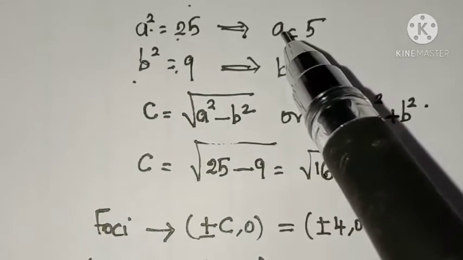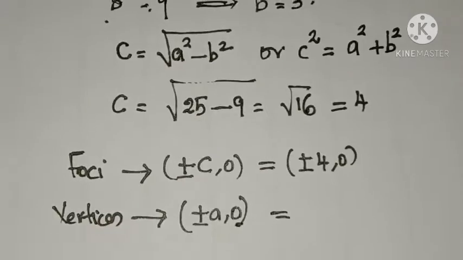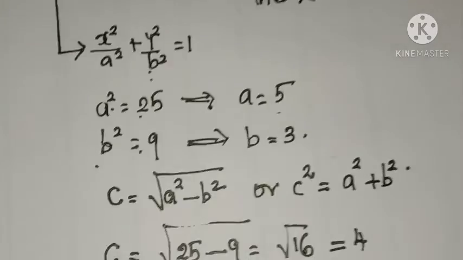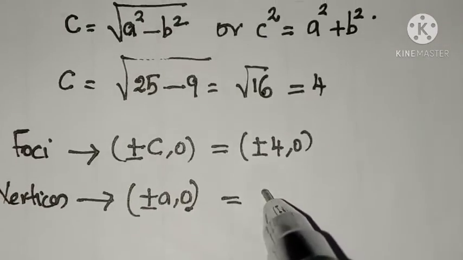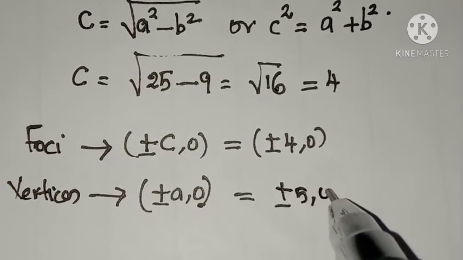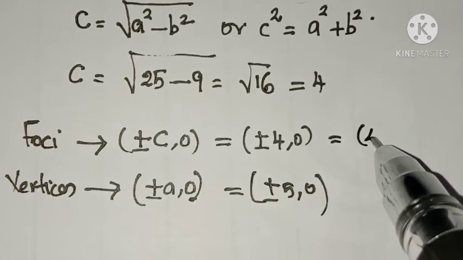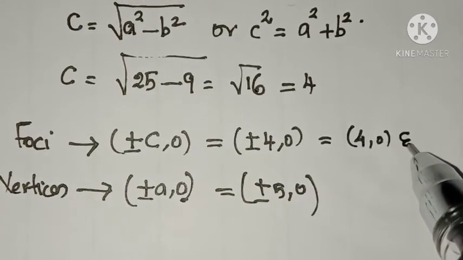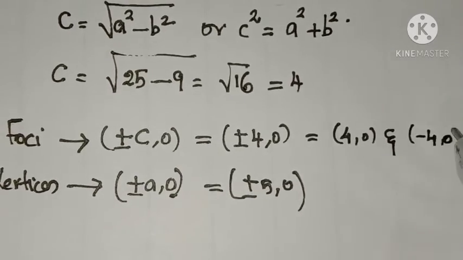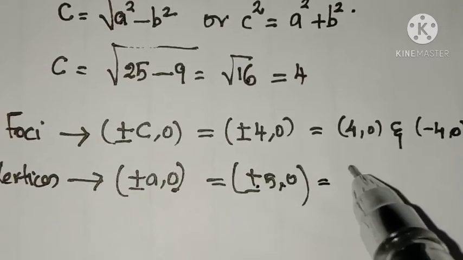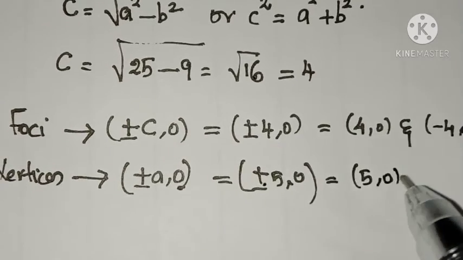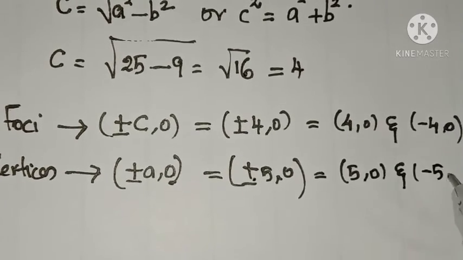So what is a here? a is equal to 5. So the vertices are plus or minus 5, 0. Listen, plus or minus 4, 0 means (4, 0) and (minus 4, 0). Plus or minus 5, 0 means (5, 0) and (minus 5, 0).